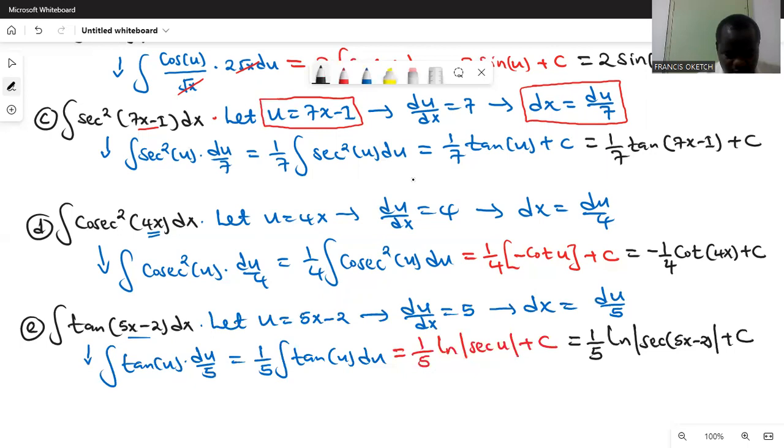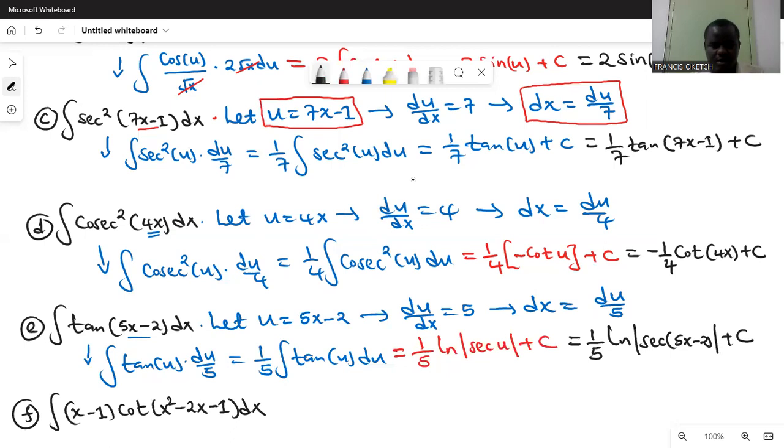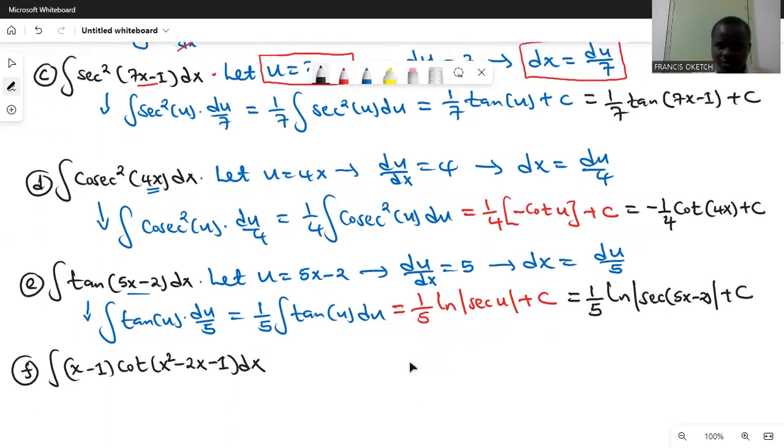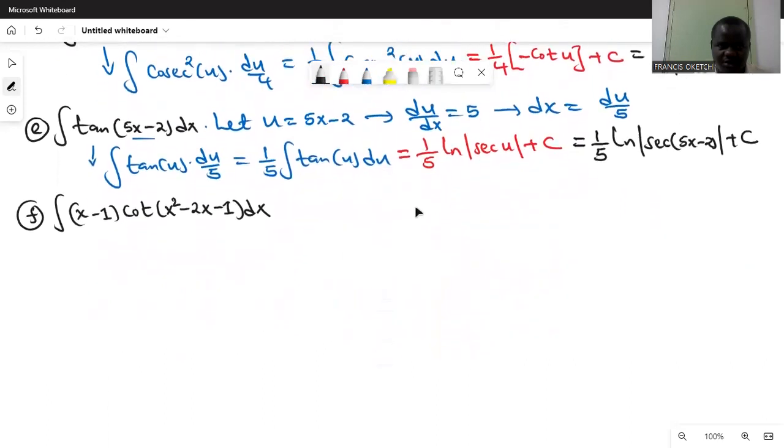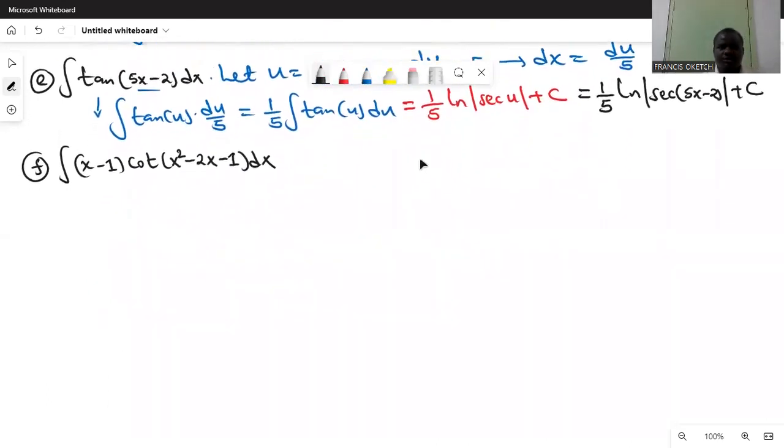Another example is part f. Let me write it. The integral of x minus 1 multiplying cot x squared minus 2x minus 1 dx. So, which substitution are we supposed to make? What should be u? Check whatever is inside the bracket.